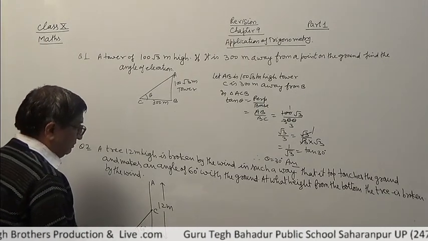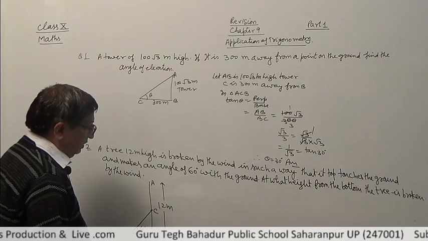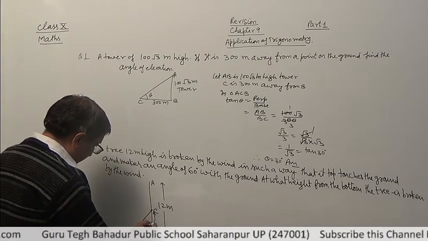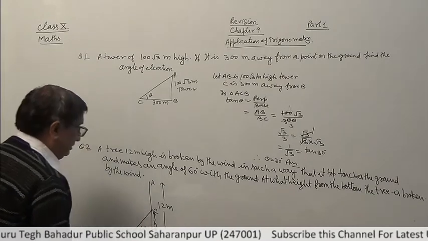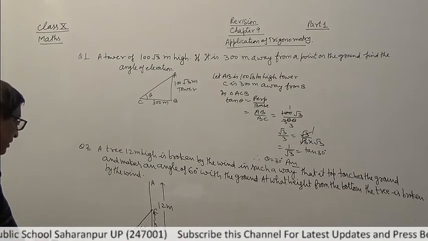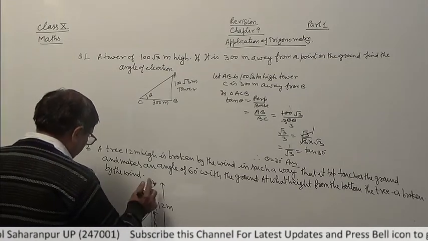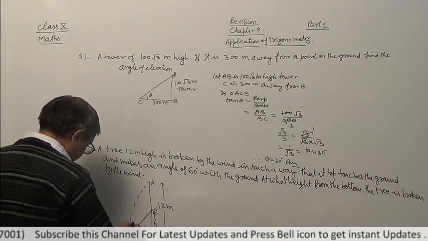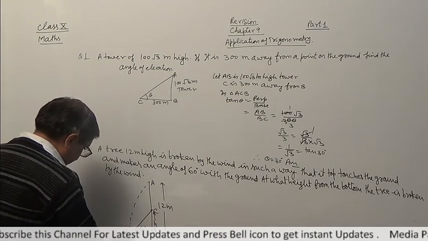Find the height from the bottom. You have to calculate this height. The tree is broken by the wind. That part broken comes to this point D.